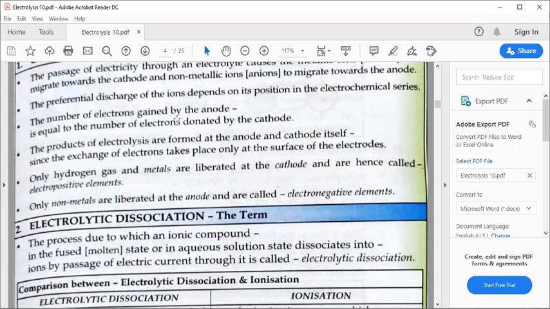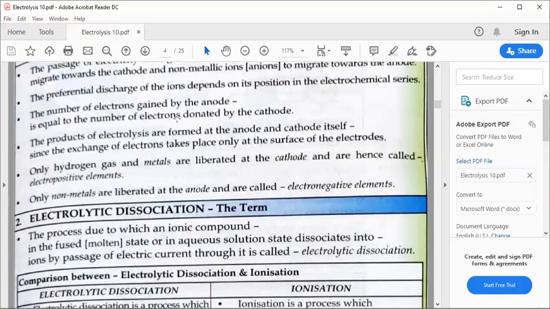They are liberated only at the anode. Only hydrogen gas and metals like sodium, potassium, silver and copper are liberated or deposited at the cathode.